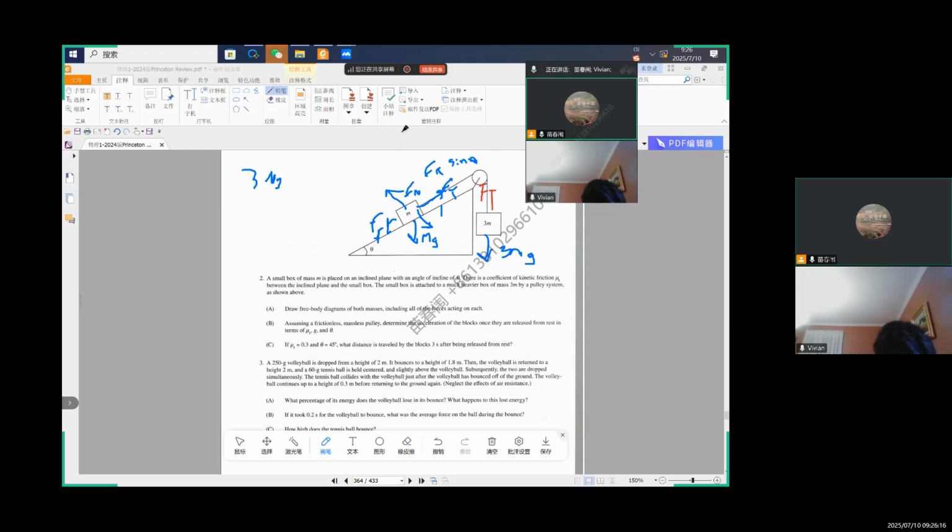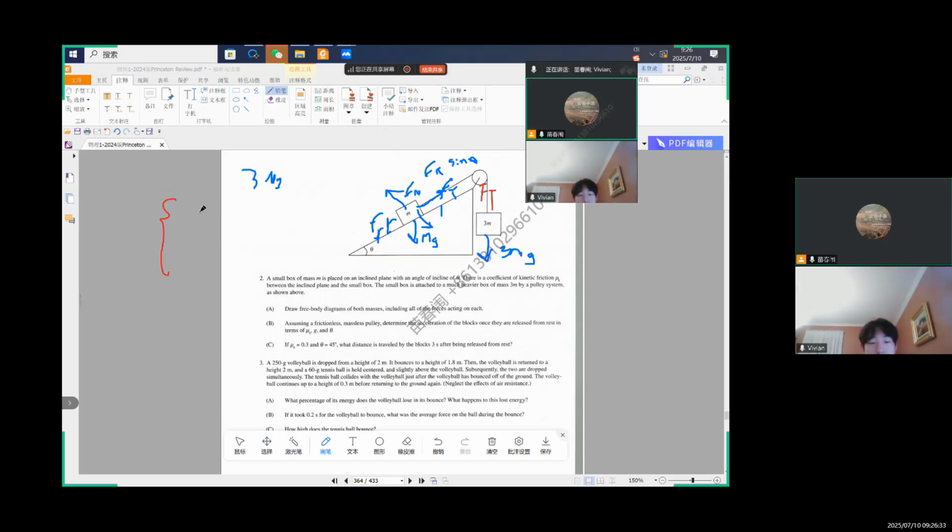It's been a while, let me remind you something. This kind of situation is called a two-block system. Let's just call it two-block system.